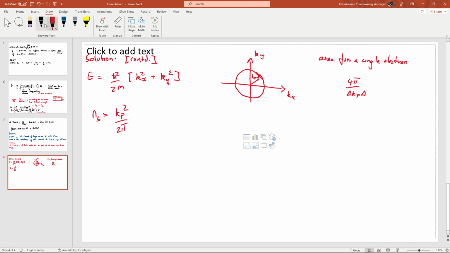It is the area for a single cell, delta kx into delta ky. That can be written in terms of Lx and Ly, but we are not going to use that. So essentially, the entire area of this circle should contain ns many units. That is the notion here. So why do we get a factor of 1 over 2 pi then? Shouldn't it just be pi kf squared?